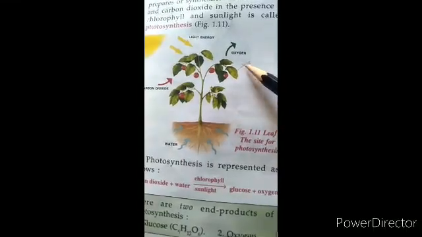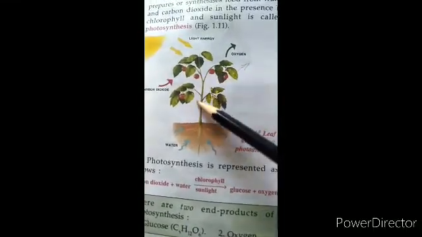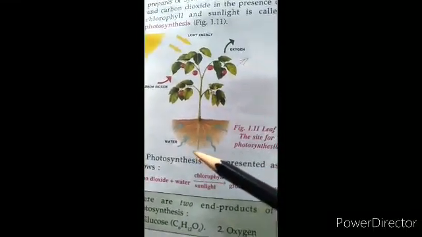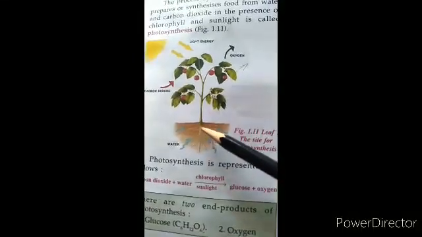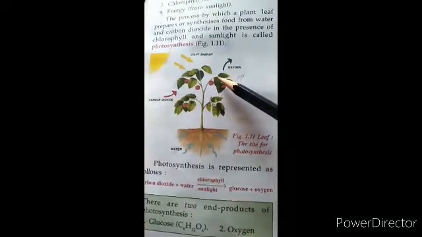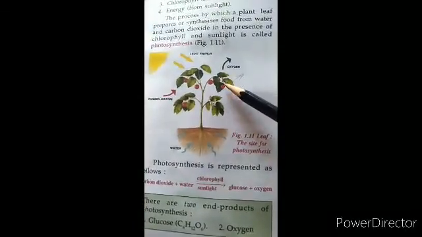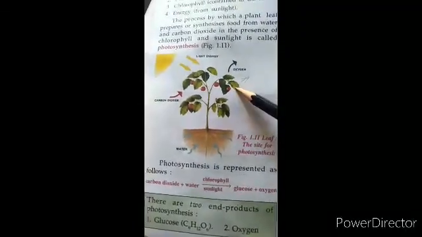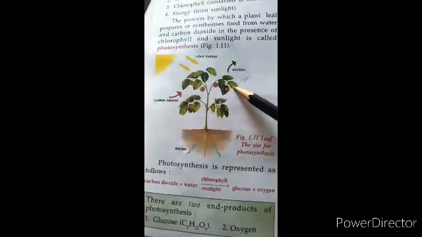Transpirational pull, if we understand it again here: since water is being given out from here, and we know that water has been moving in a continuous channel from the roots, stem, branch, leaf, and the outlet, that is generally stomata.